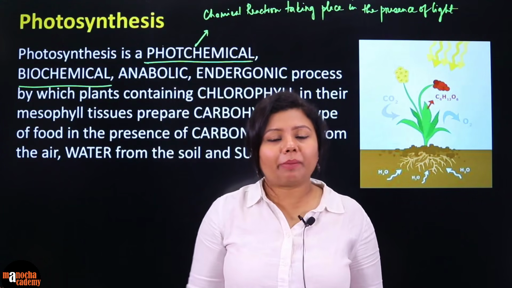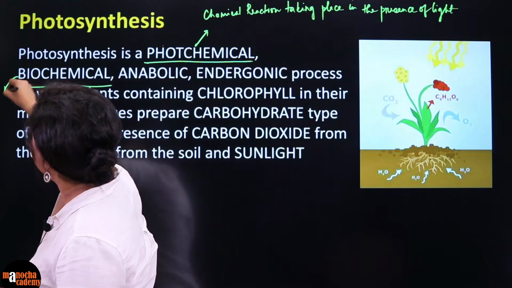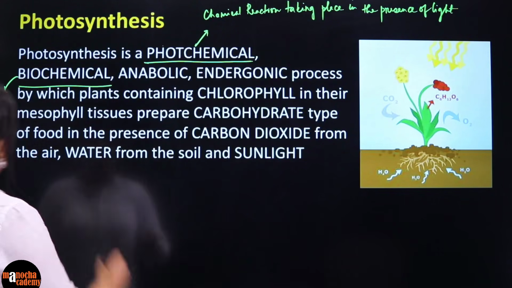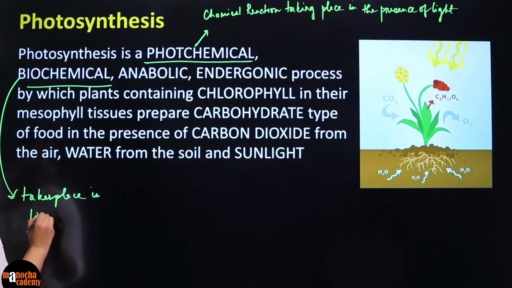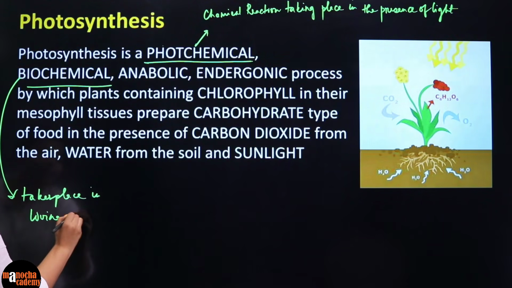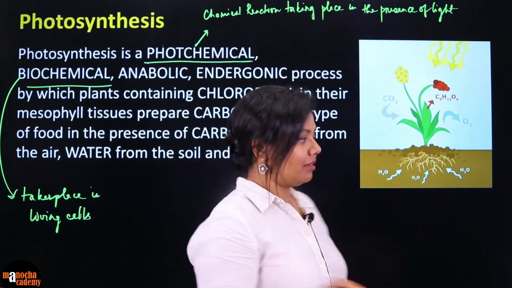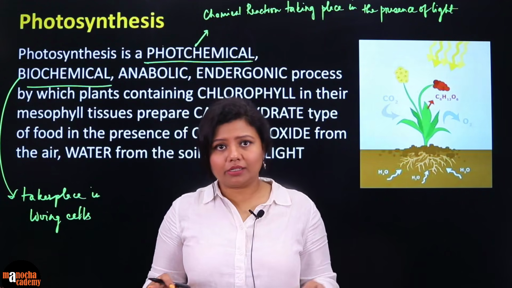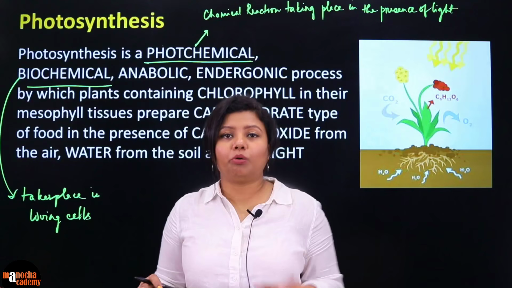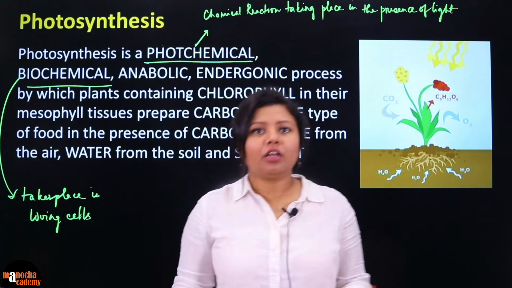What is the meaning of biochemical? Biochemical means that it only takes place in living cells, right? So a biochemical reaction takes place in living cells. Actually, if you can synthesize glucose with all the components, even if we give you a chloroplast outside the cell in a bucket, you will be given a Nobel.